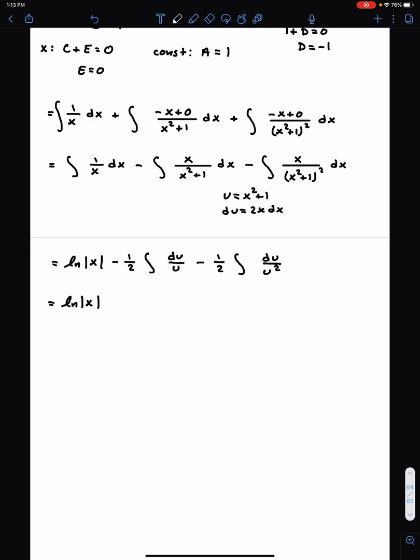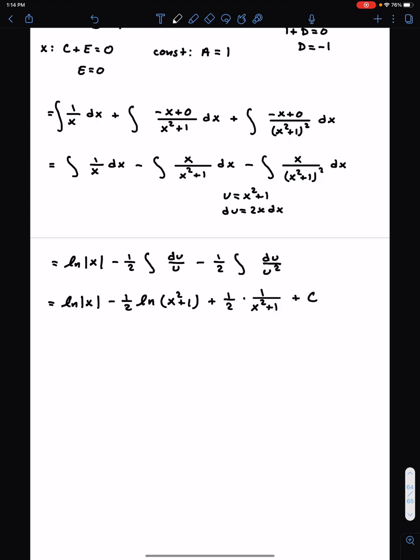So natural log absolute value of x minus 1/2. This will be natural log absolute value of u, and then u is x squared plus 1. I'll drop the absolute values since x squared plus 1 is always positive. The last integral is power rule. U to the negative 2 du, add 1 to the power, divide by the new power. So I get plus 1/2 times 1 over u. So 1 over u is x squared plus 1.